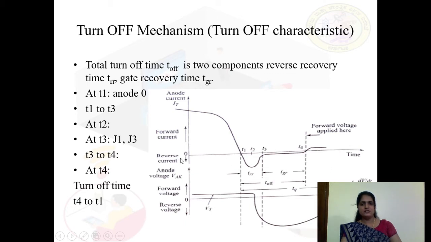This graph indicates the time intervals. The first graph gives the information about the current, that is, the forward current and the reverse current, and the second graph gives the information about the voltage, that is, the forward voltage and the reverse voltage. The total time T1 to T4 is divided into TRR and TGR.